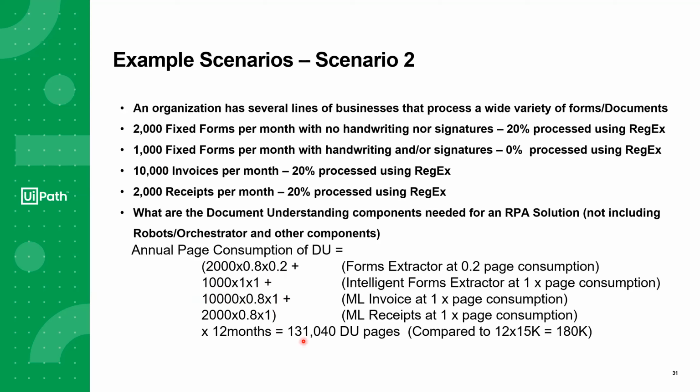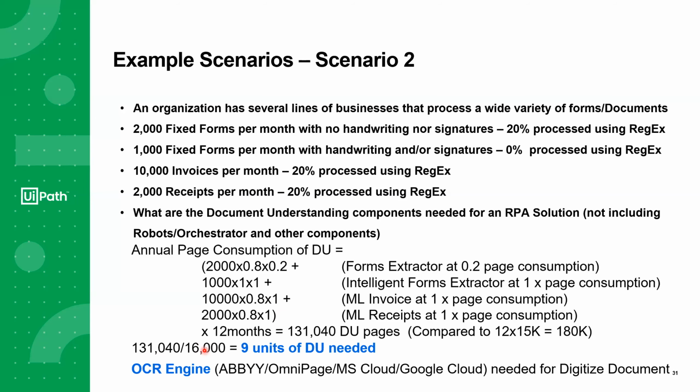So if I put that formula together, I only need 131,000 document understanding pages compared to a raw number of 180,000. So you can now have a conversation, and in the customer's eyes, they'll see this as a very flexible solution, not needing to use certain technologies if I can get away with things like regex. If I divide that by 16,000, I have 9 units of document understanding needed and an OCR engine.